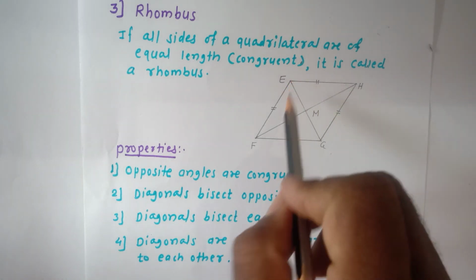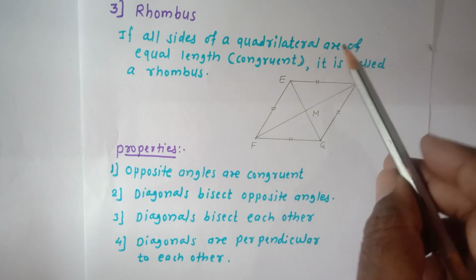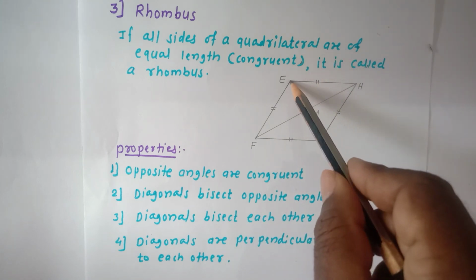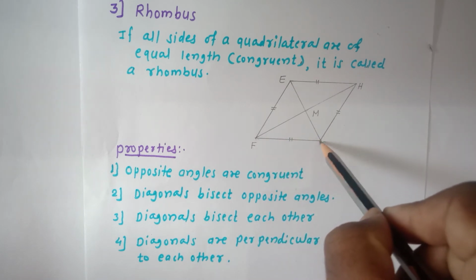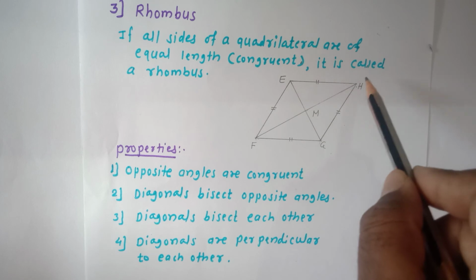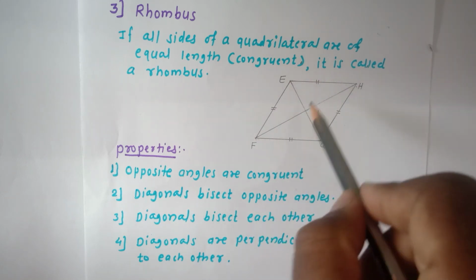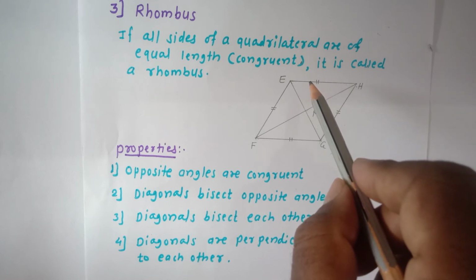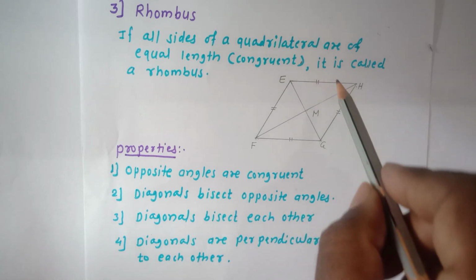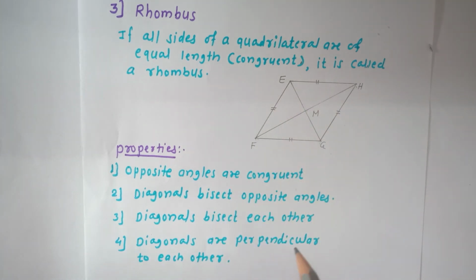This quadrilateral EFGH is rhombus because all its sides, side EF congruent side FG congruent side GH congruent side HE. All sides are congruent. Therefore, this is rhombus. So quadrilateral whose all sides are of equal length or congruent is called as a rhombus.